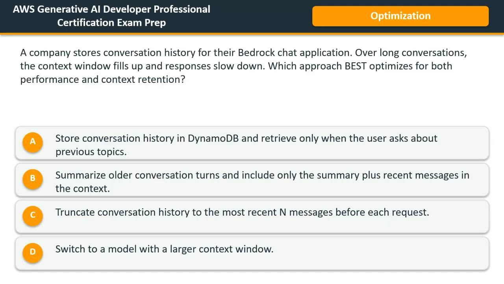Option D increases the context window. Larger context windows cost more and still have limits. This delays the problem instead of solving it. For long conversations, summarize old text, don't just delete it. The correct answer is B.